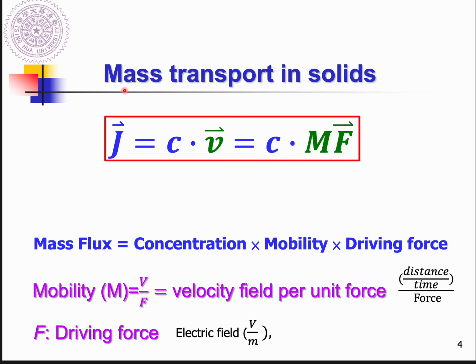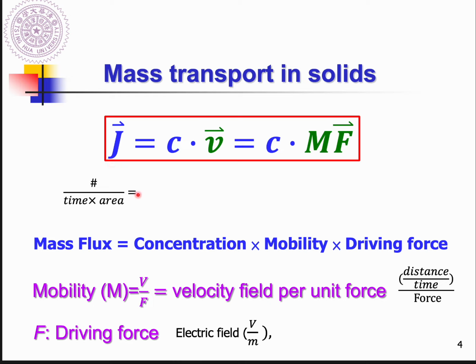In order to describe the mass transport in solid materials well, I believe you know the flux, right? This is mass flux, and the unit for mass flux is how many atoms pass through a specific area in a certain time period. We call this mass flux.